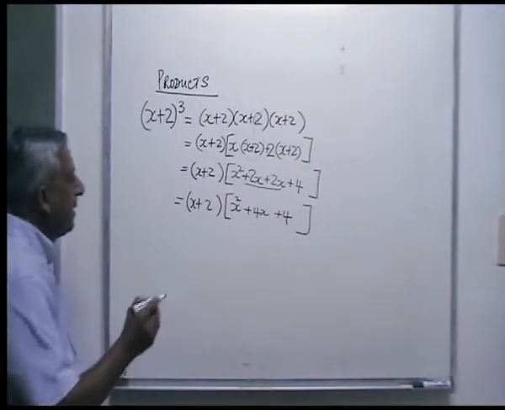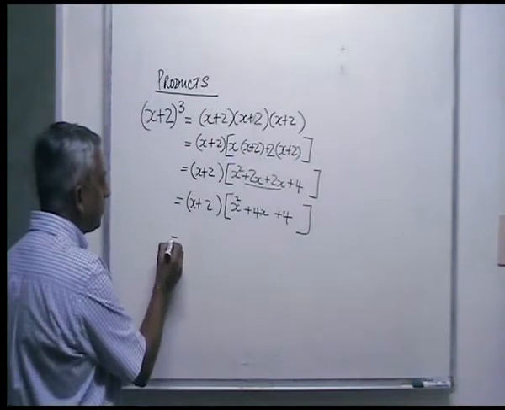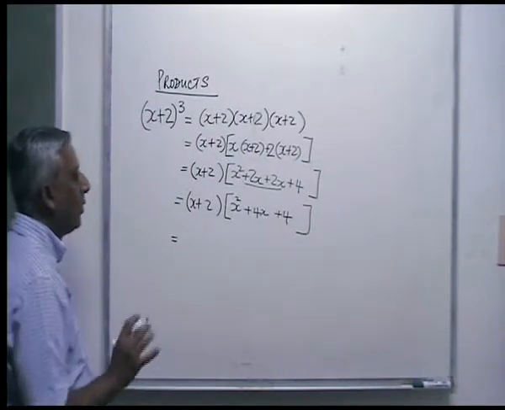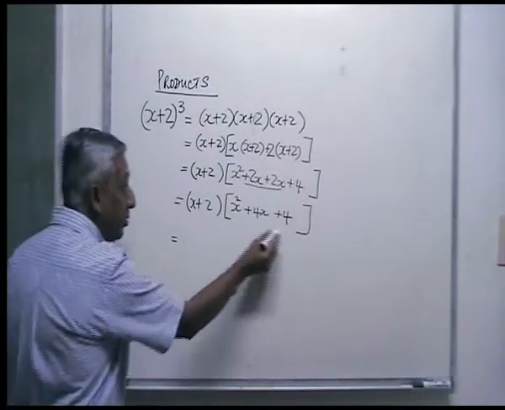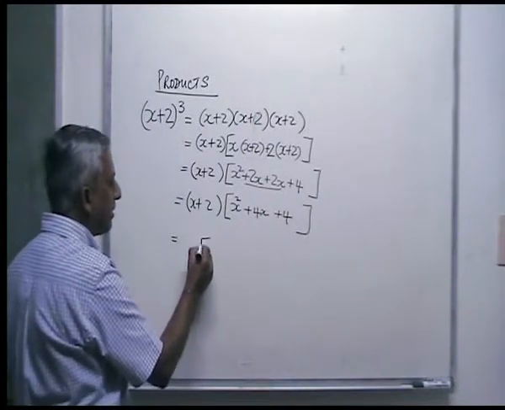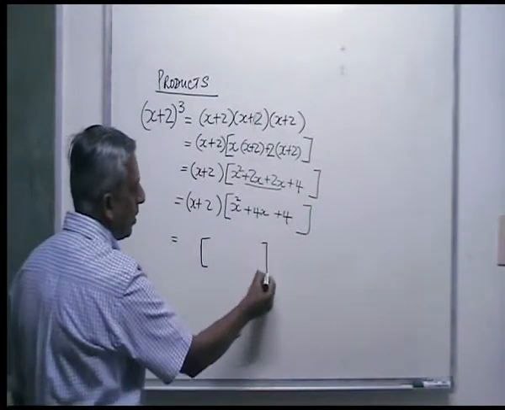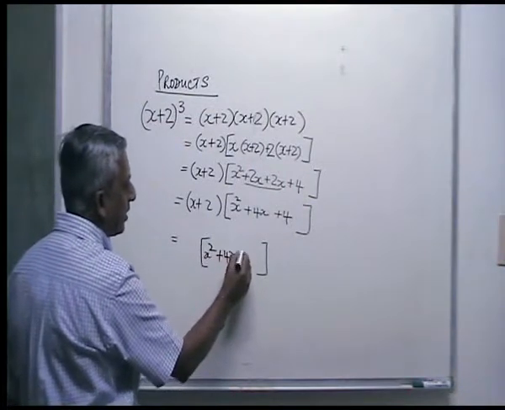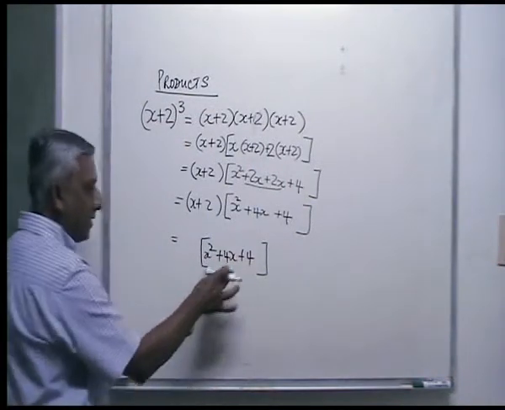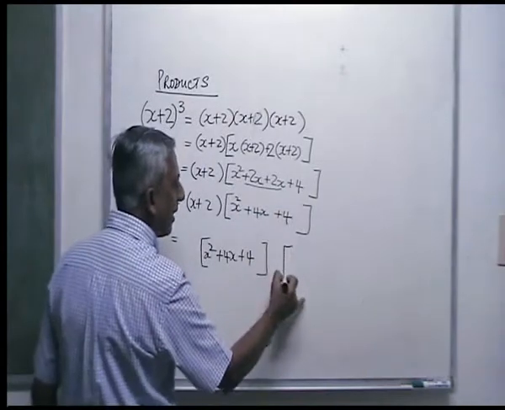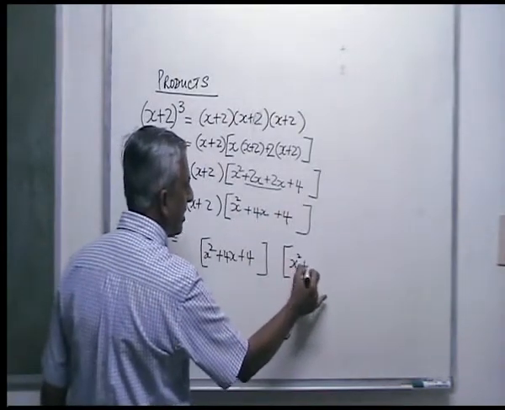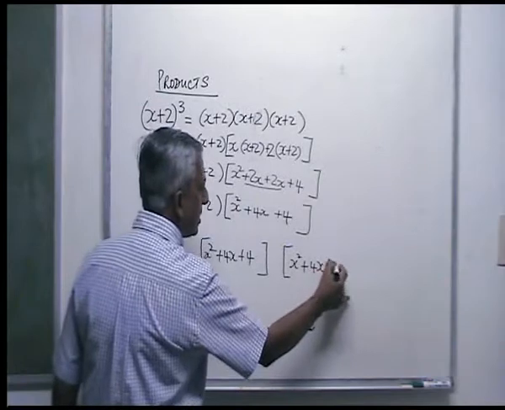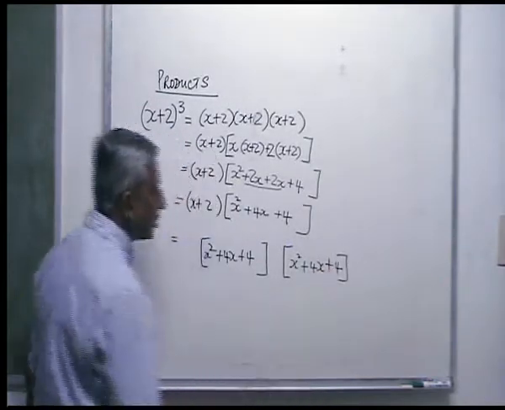Very good. Now, what you're going to do is repeat that bracket 2 times. So you're going to write it here, one time, x squared plus 4x plus 4. Then you're going to write this again, x squared plus 4x plus 4. So we finished that.